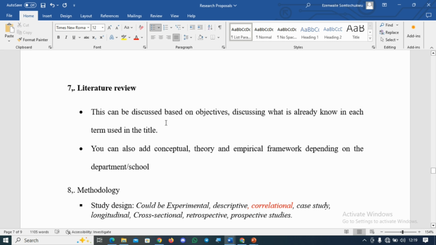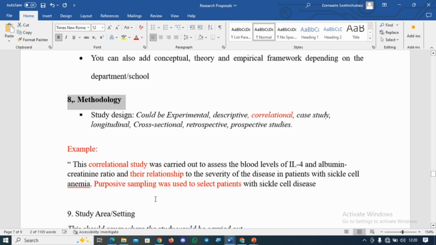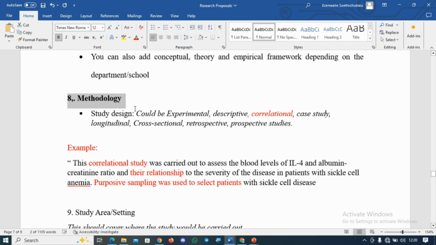In methodology, there are different things to discuss. First is your study design. You have to tell us specifically what type of research it is. It could be experimental, descriptive, or a case study. Our case is a correlational study. Some can be a cross-sectional study, in the sense that you're collecting samples concurrently from people.